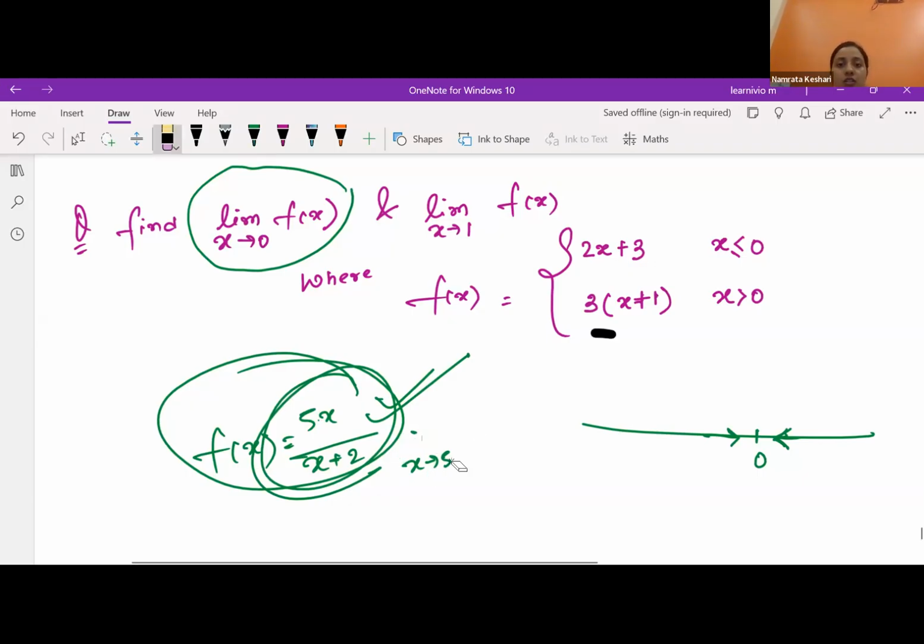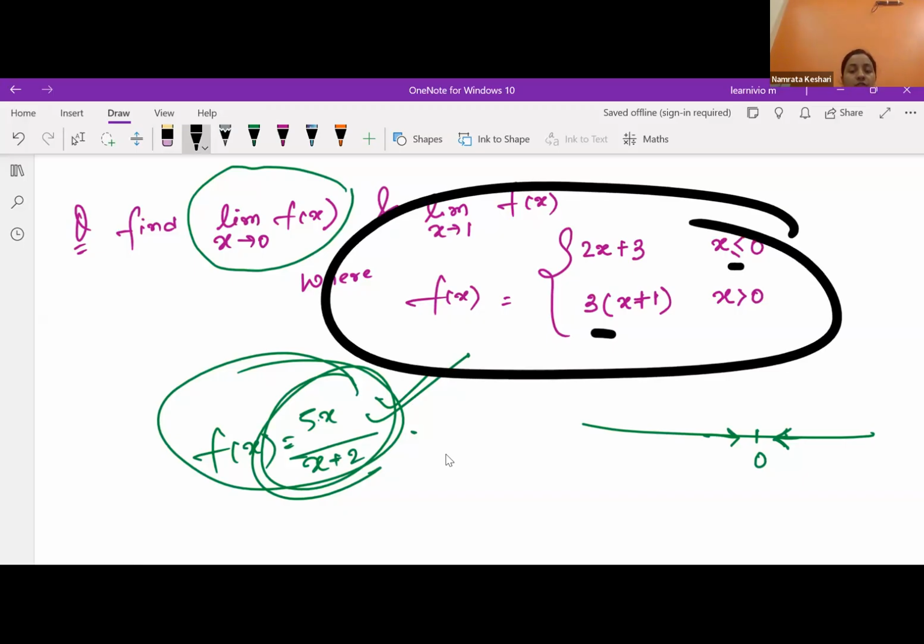So here the function is changing. That is, if our x is smaller than or equal to 0, maybe if x is 0, we have to use this function. If x is smaller than 0, that means minus 1, minus 2, or maybe any decimal number, we have to use this function, right? Yes.